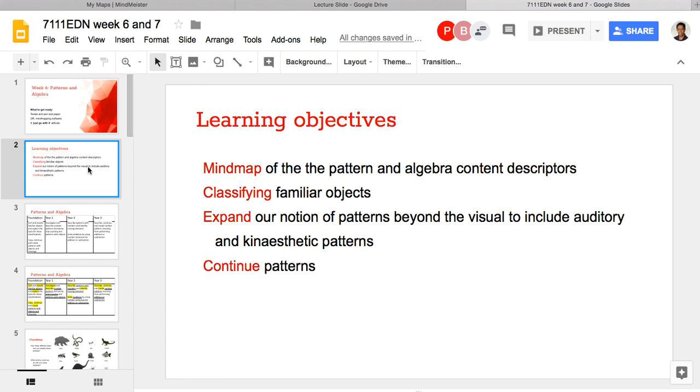And more importantly, what I want to do this lecture is actually expand your notion of what we think of patterns. So generally when we think of patterns, we think of visual patterns, but I really want you to think about, okay, how can I incorporate not only auditory patterns into my teaching, especially if you have a music background, but also kinesthetic patterns.